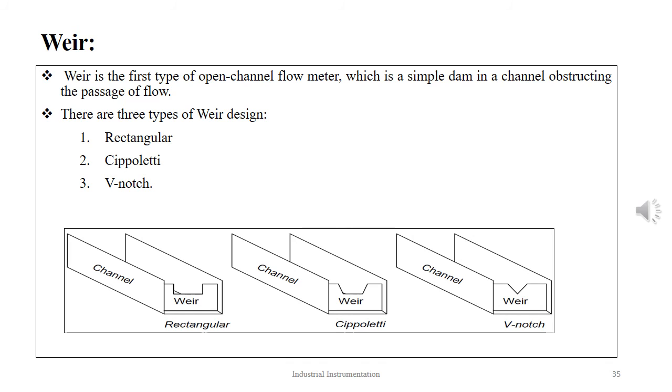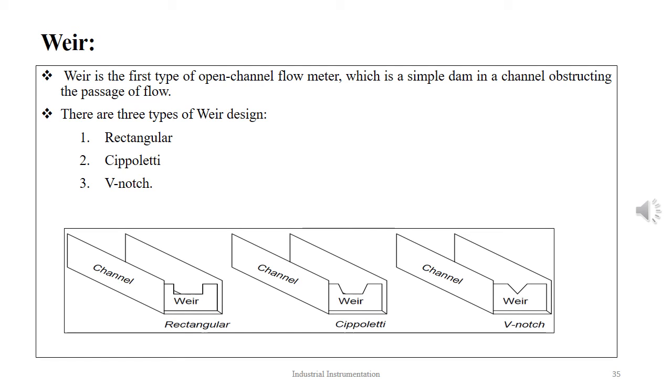Weirs are variable head, variable area flow meters employed for measuring large volumes of liquids in open channels. The device operates on the principle that if a restriction of specified shape and form is introduced in a flow path, a rise in the upstream liquid occurs, which is a function of the flow rate through the restriction.